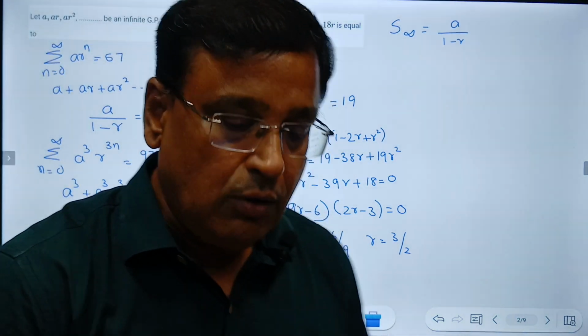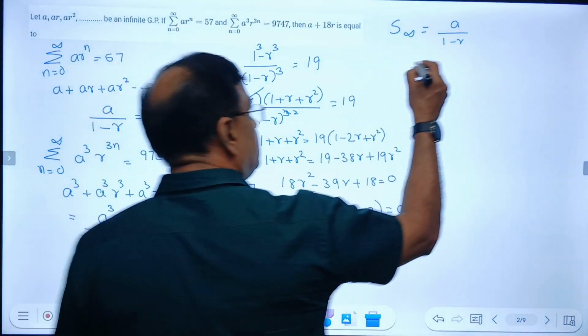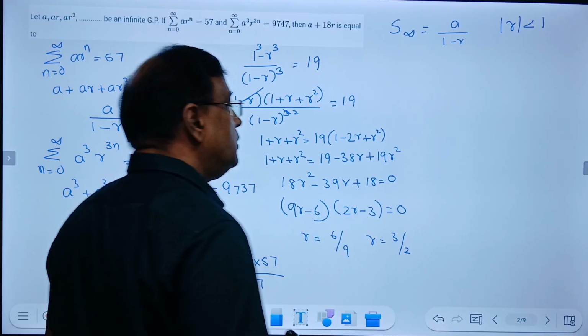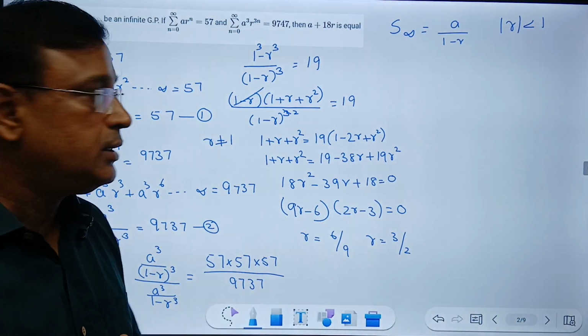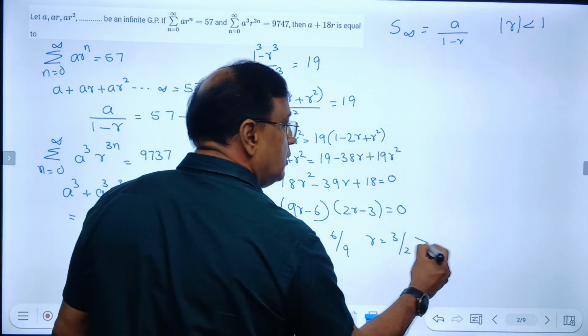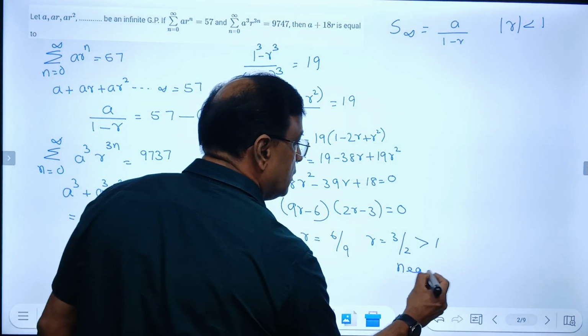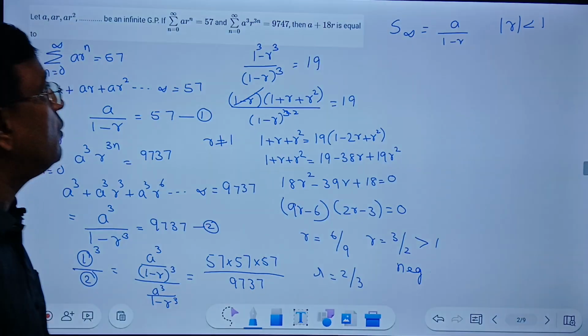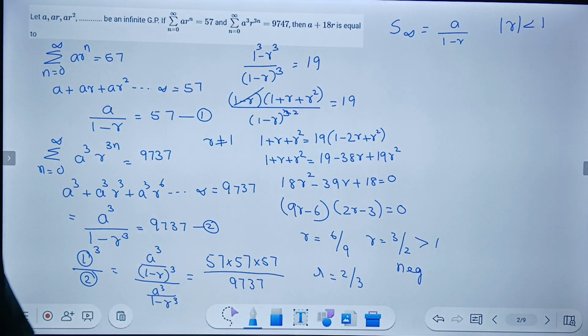Correct? Now, S infinity is defined only when modulus of r is less than 1. So r cannot be more than 1. So this is neglected. So what is r equal to? 2 by 3. So I got my r. So my r is 2 by 3.